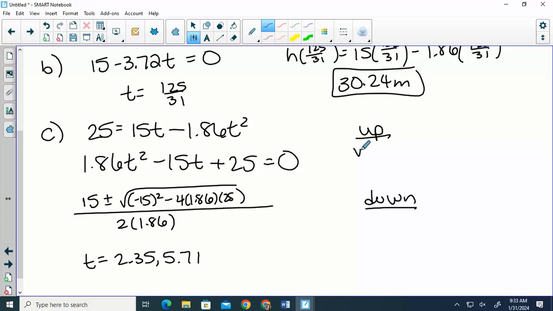So you're going to your velocity equation and plugging those in. So that was your derivative from part A. And notice here I get a positive velocity because it was going up. Coming back down, you plug your second time into your derivative, and we get a negative because it was coming back down.